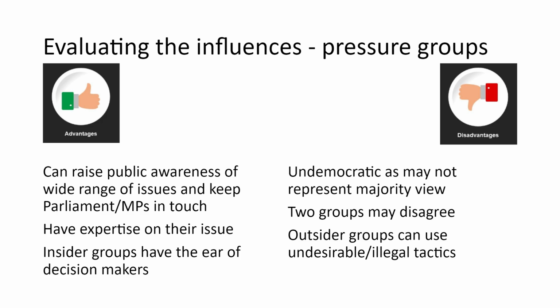And if you're in an insider group, then you're likely to have access to important decision makers and maybe local MPs, etc. However, they are possibly undemocratic because they may not represent the majority view, but they are a loud minority. And two groups may even disagree with each other. And clearly, as we saw with some of the Just Stop Oil protests and other protests where people have glued themselves to things and disrupted other events, then outsider groups can use undesirable and illegal tactics.